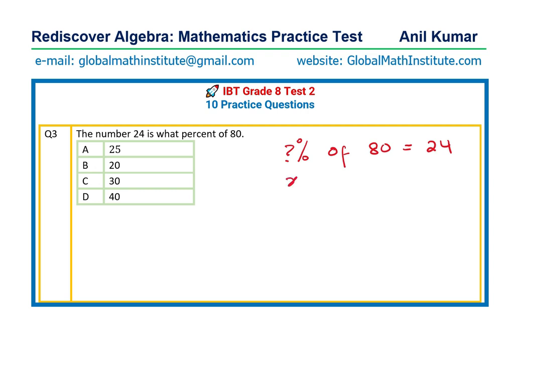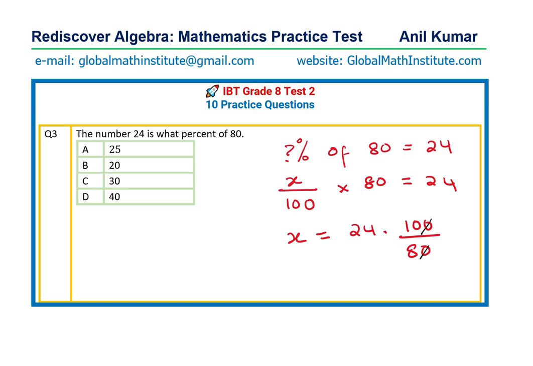So we say x over 100, percent is always over 100, of means times 80 equals to 24. So this is a very simple way of looking at it. So x will be equal to 24 times cross multiply 100 over 80. See, I did not simplify anything with a purpose to show you exactly how do we get this answer, right?